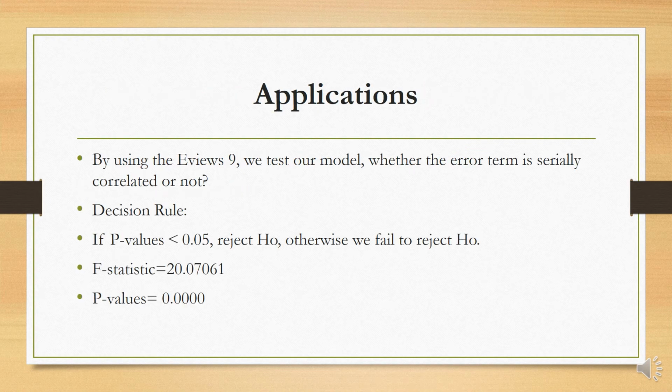By using EViews 9, we test our model whether the error term is serially correlated or not, or whether autocorrelation exists in our model or not. The same rule as I have previously explained: if the p-value is less than or equal to 0.05, reject H naught, otherwise we fail to reject H naught.